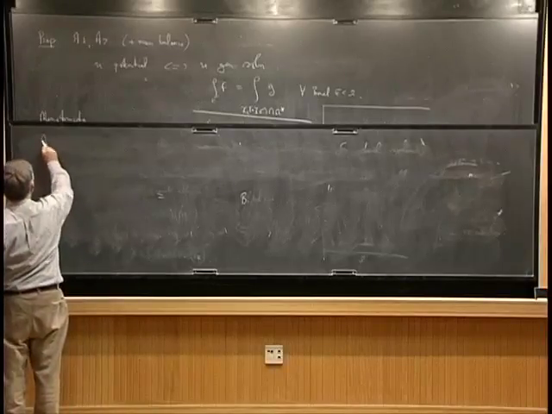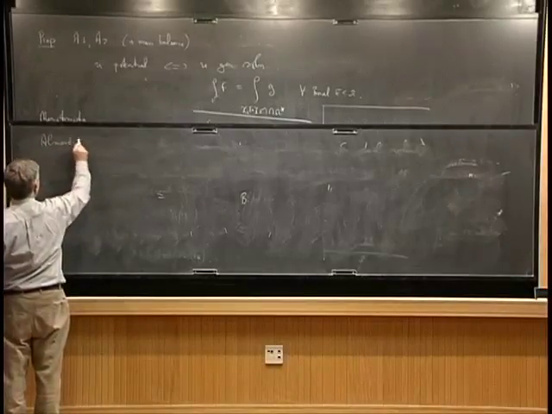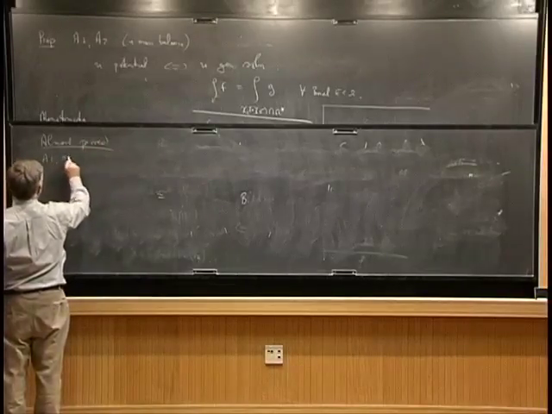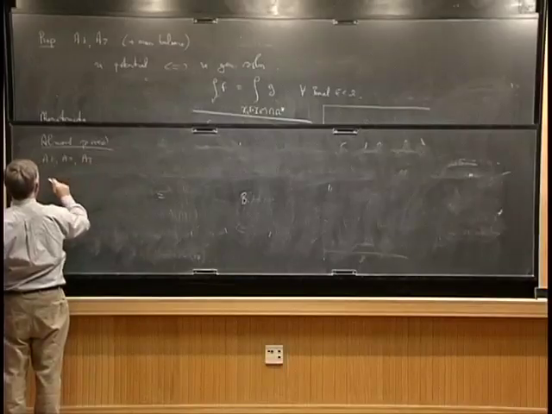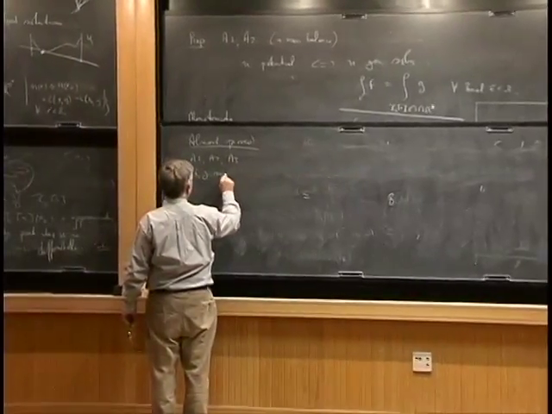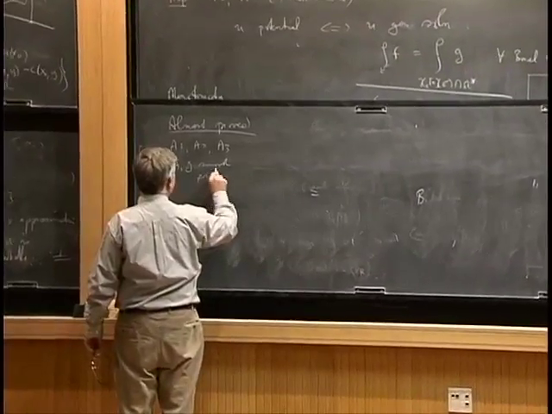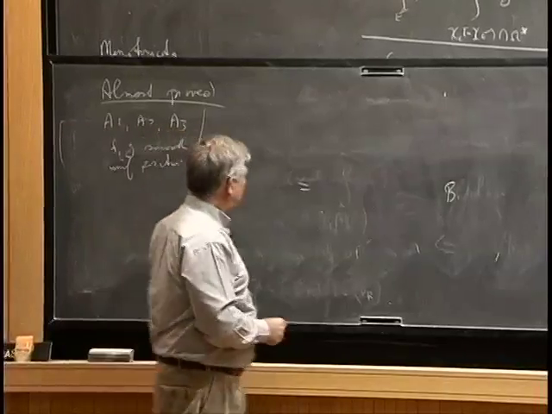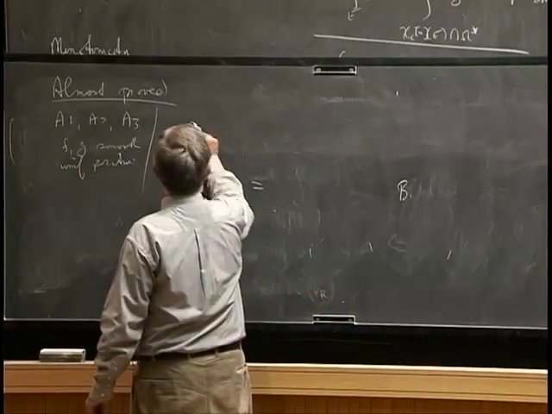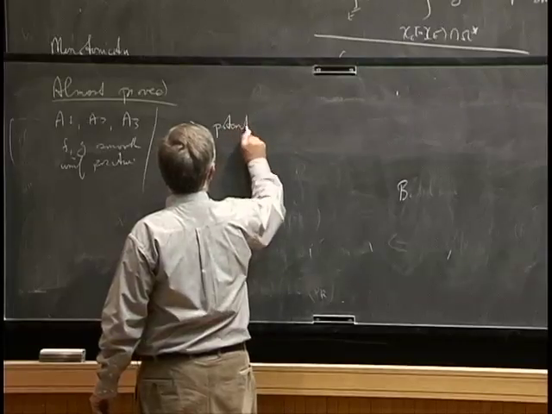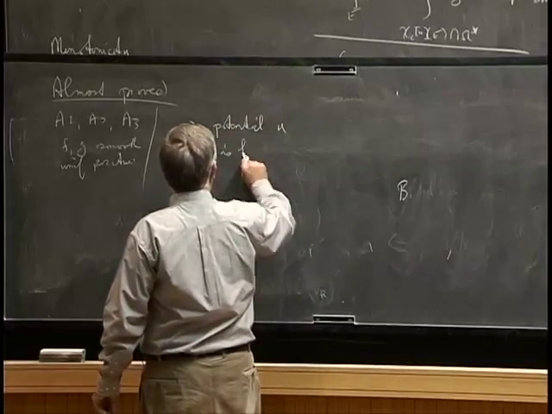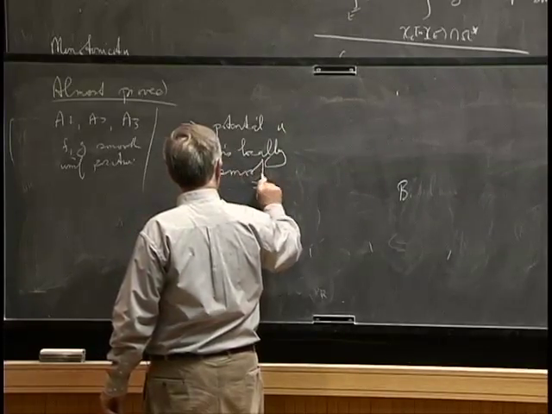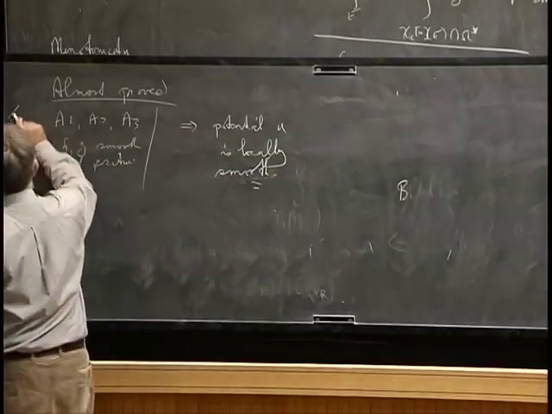So almost proved that if you have A1, A2, A3, and F, G smooth, positive, and uniformly, so everything nice, then this implies the potential U is locally smooth. So almost proves.